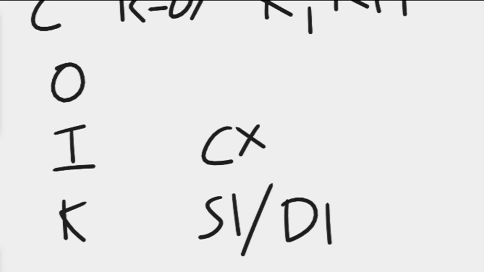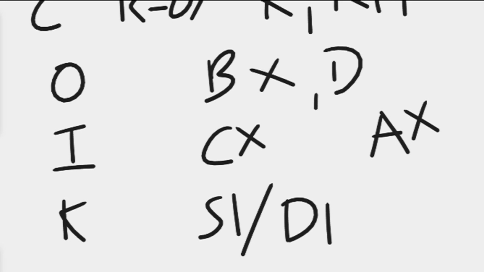Then one more register that we can use is accumulator. The accumulator is basically used to store intermediate values for ALU operations. Then we have two more registers, BX and DX. For this program, we'll be using BX.